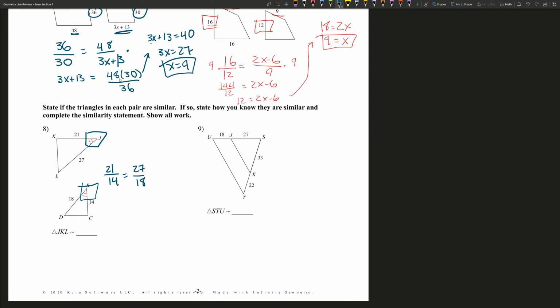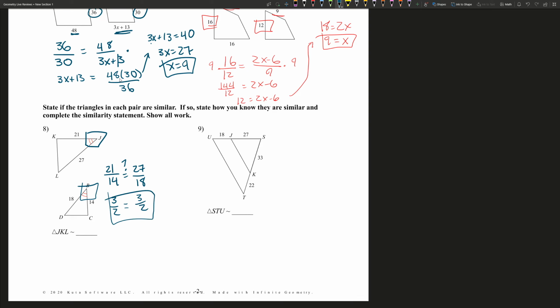So in order to see if these two triangles are actually similar, we need to make sure that this proportion is equal. So 21 over 14 is 3/2, and then 27 over 18 is also 3/2. These two things are equal.